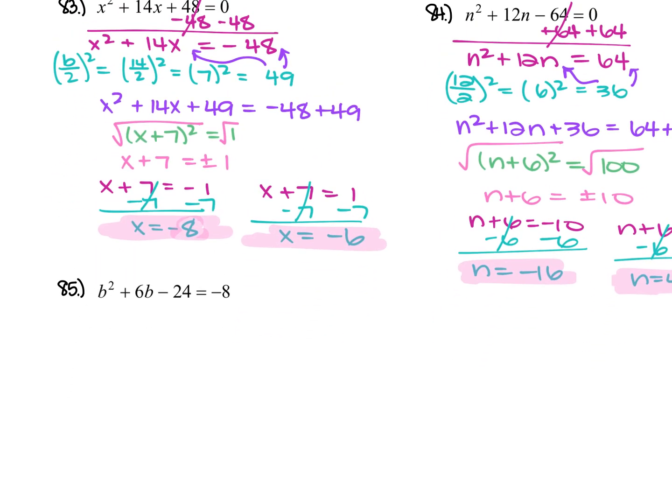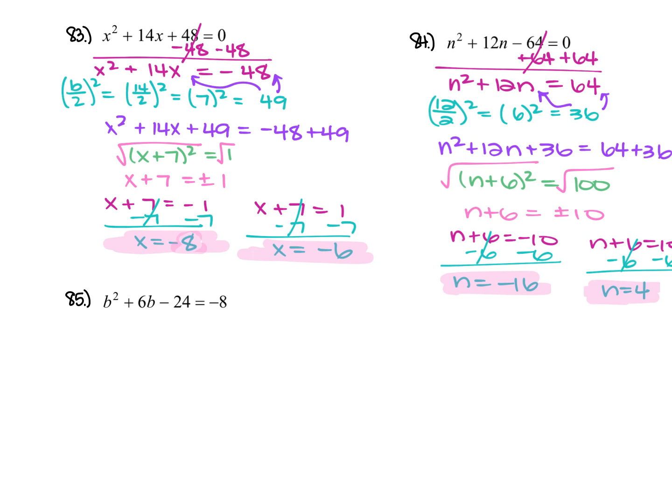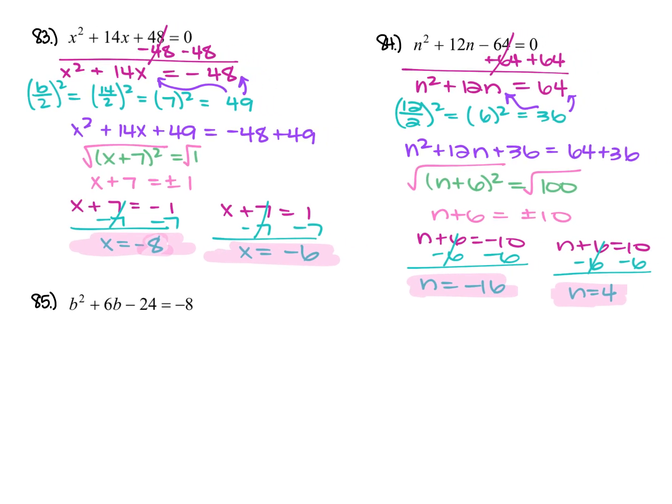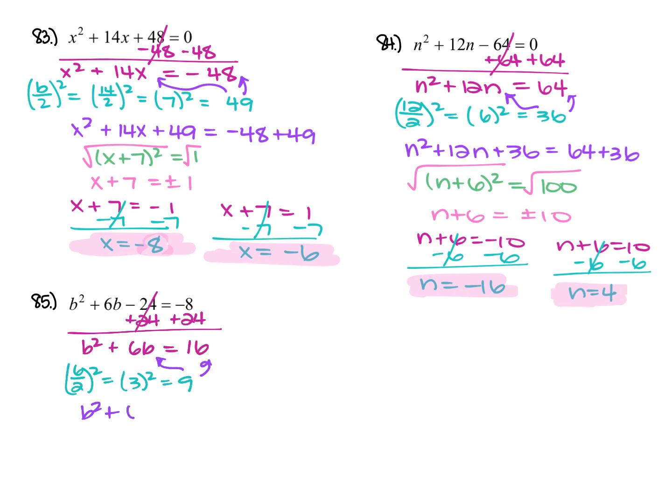For 85, you have b squared plus 6b minus 24 is equal to negative 8. You're still going to move that c term over by adding it to both sides. This gives you b squared plus 6b is equal to 16. Take your b, divide it by 2, and square it. That gives you 3 squared, which is 9. Add the 9 to both sides. So that's b squared plus 6b plus 9 is equal to 25.